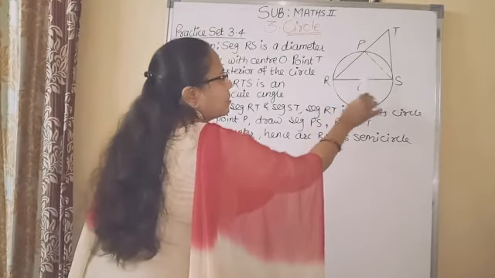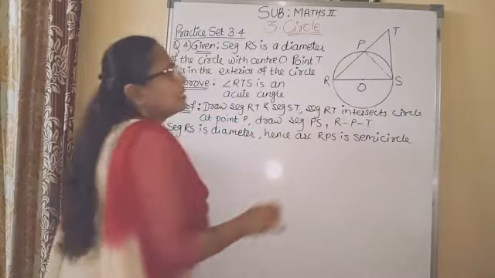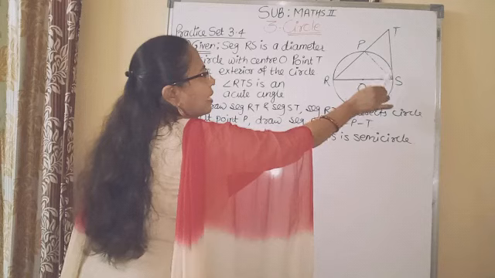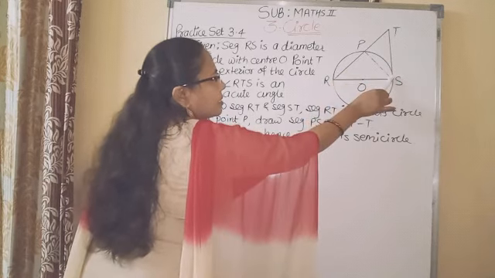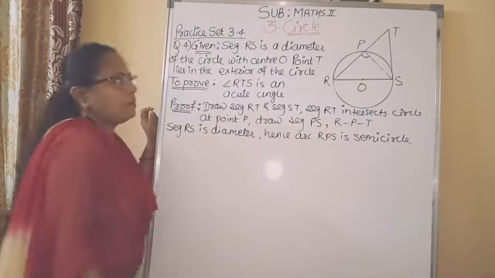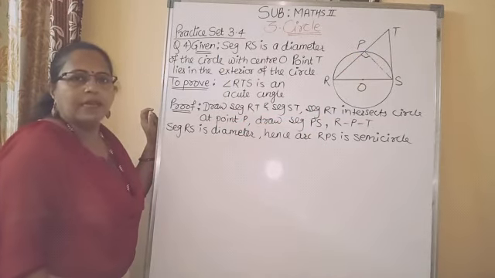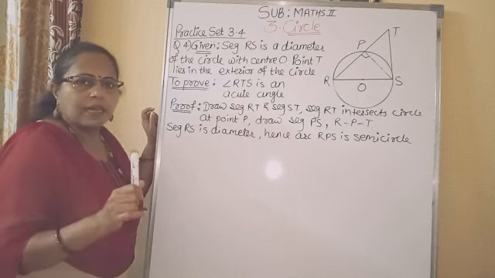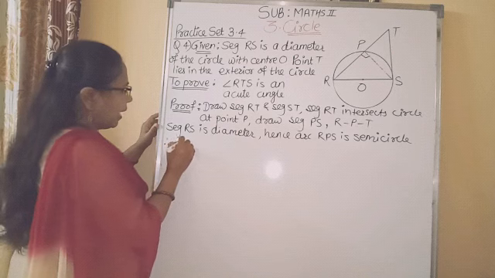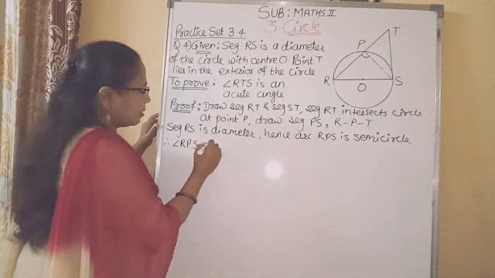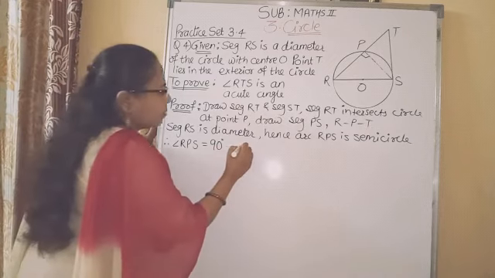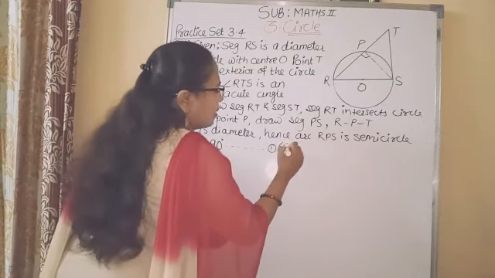RS is diameter, therefore arc RPS is a semicircle. And angle RPS is an inscribed angle, and it is inscribed in the semicircle. So we proved this corollary: angle inscribed in a semicircle is a right angle. So therefore angle RPS is equal to 90 degree. Here give statement number 1.